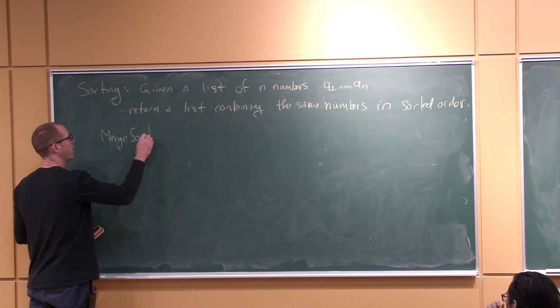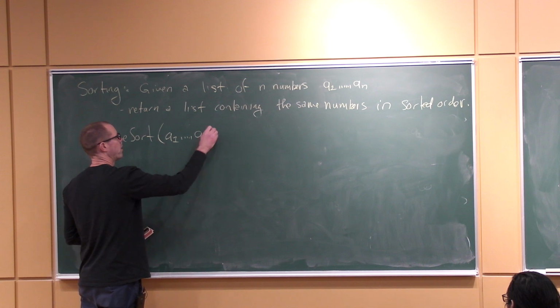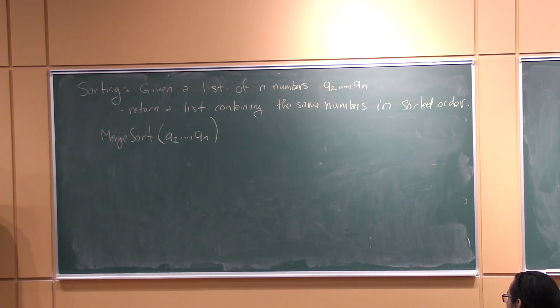So MergeSort takes a list, A1 through AN, and it's supposed to return the sorted version of that list.